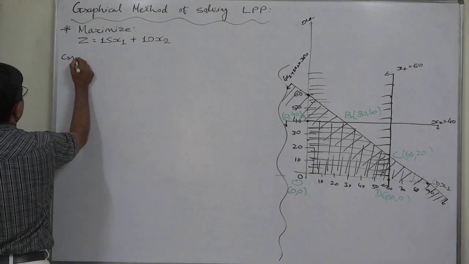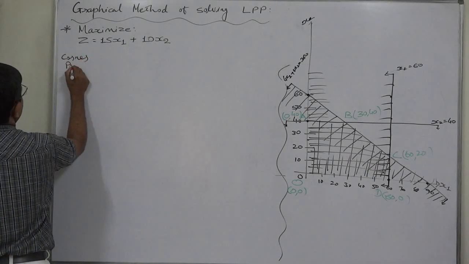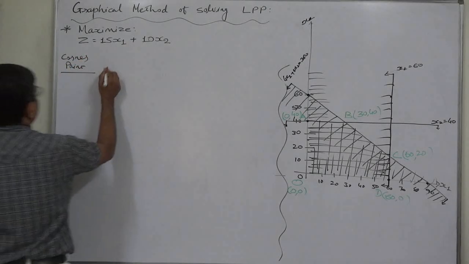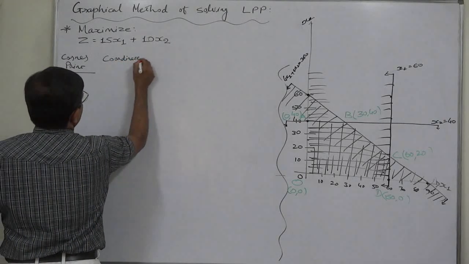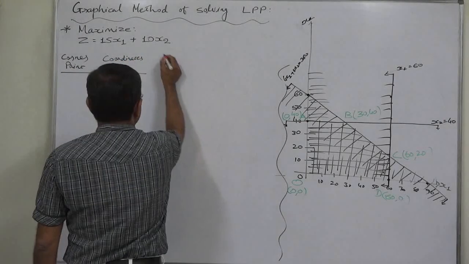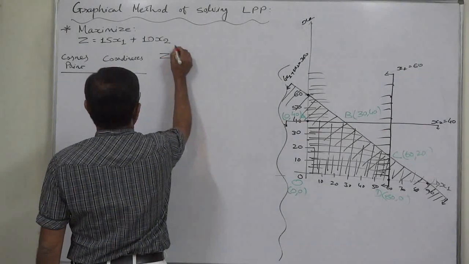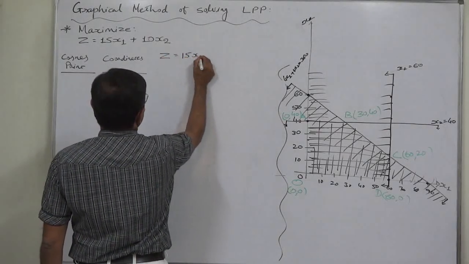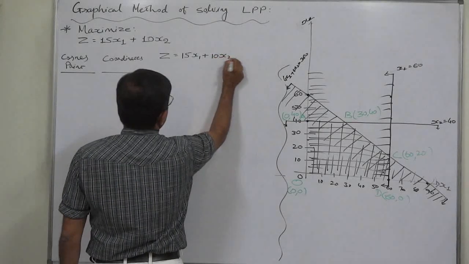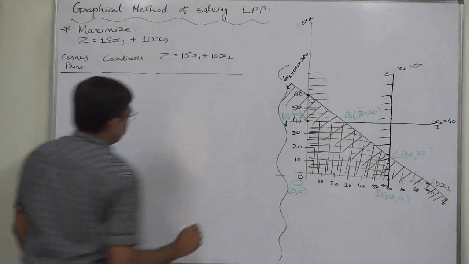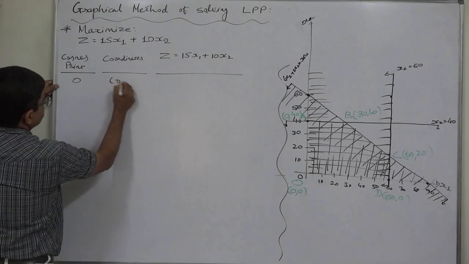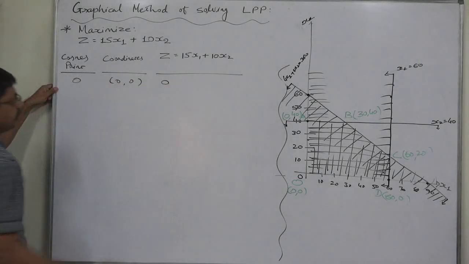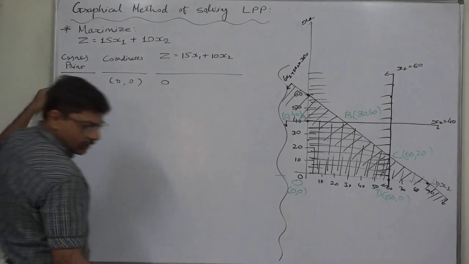Corner point or vertex, coordinates, at the vertex z equals 15x1 plus 10x2. At O both are 0 and 0, so the objective function takes value 0.